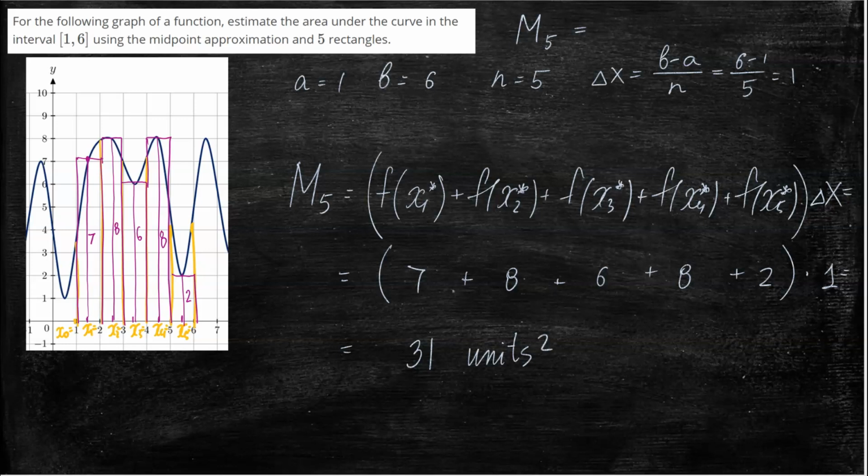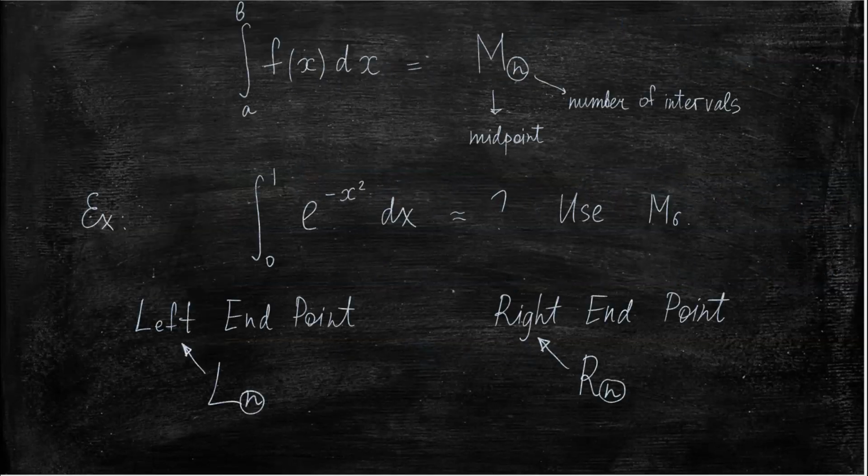So we approximate this area to be equal to 31 units squared. So this is how we find M5, and you can imagine that you can similarly find M6, M7, and therefore Mn for any n, which was the goal of this lecture.